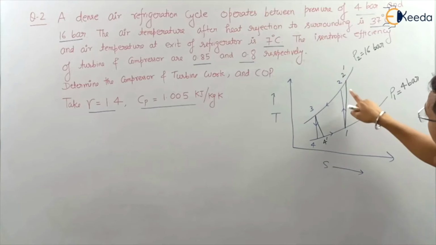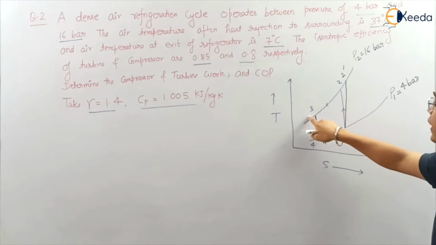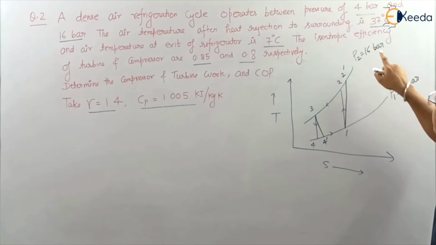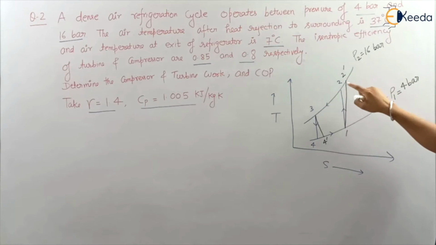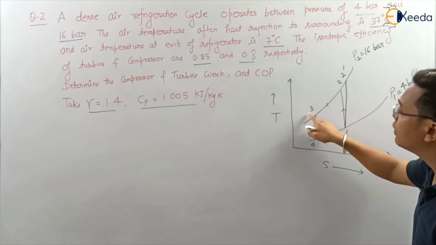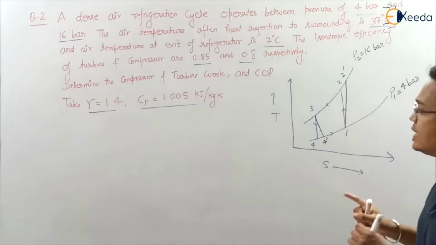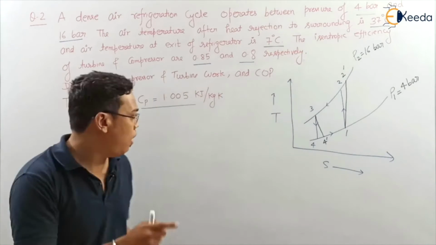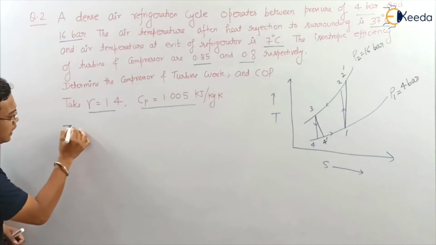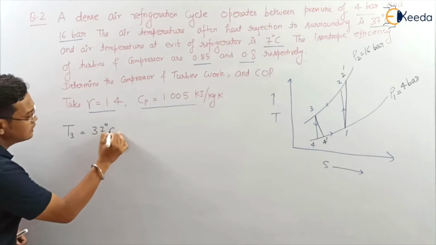That means 2 dash to 3 is the process for heat rejection, so the temperature at the exit of heat rejection is T3. T3 is equal to 37 degrees Celsius.